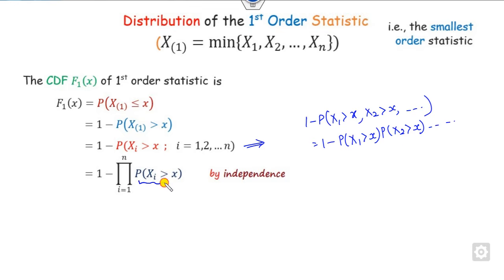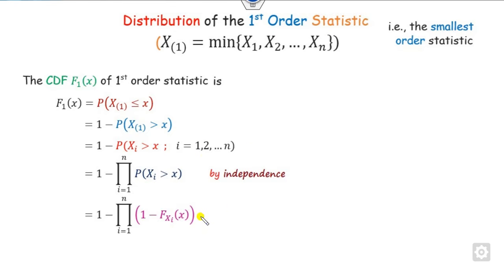Can you find the values of this? I can write this as 1 minus the probability that Xi is less than or equal to x. What is that? This is nothing but the CDF of Xi. So I can substitute this value as 1 minus the CDF. Now, since the Xi's are IID, each of the Fi's is the same, so this is the product of them.